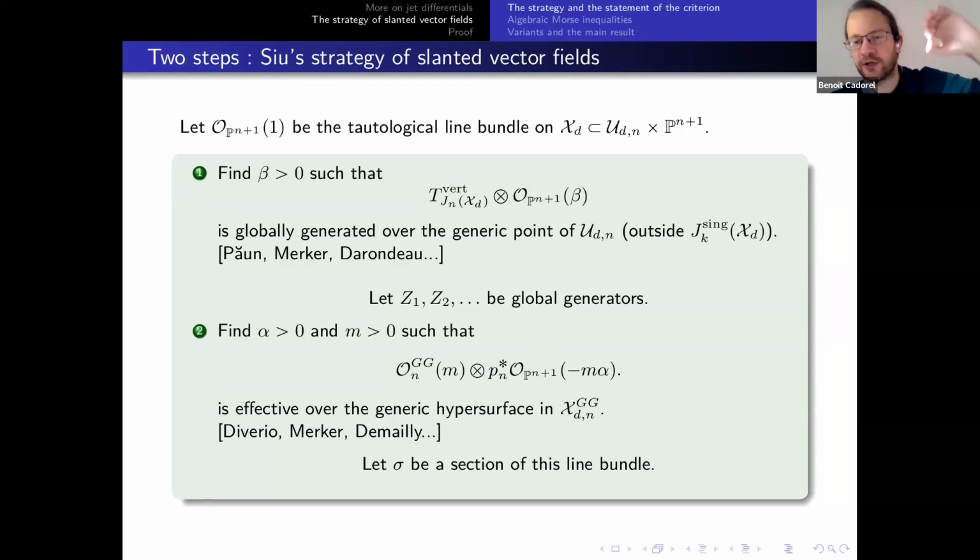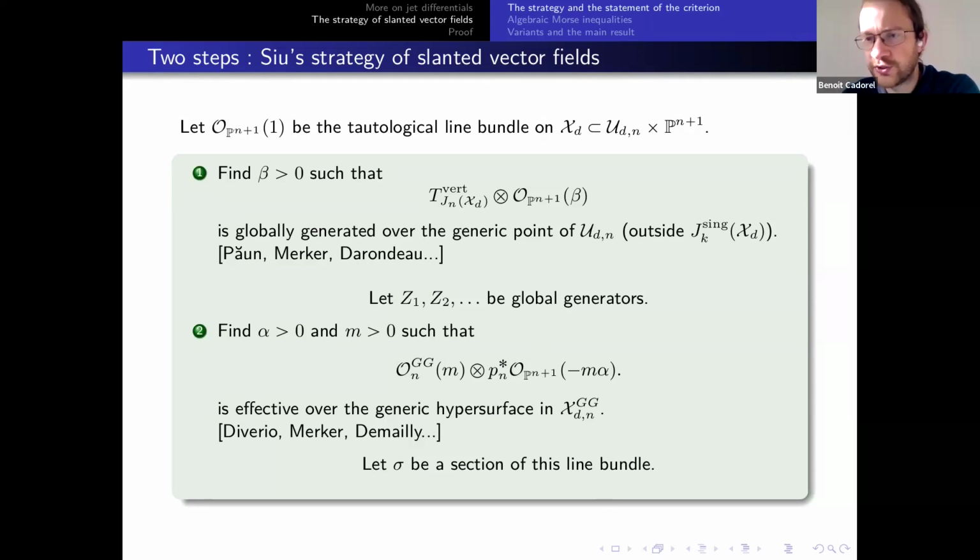And if you climb up the tower, if you replace n here by higher orders, actually the situation becomes more complicated. And in this strategy, it's a weird fact, but you have to take higher degrees to obtain the existence of such sections. So n is in some sense optimal. Okay. So at least for hypersurfaces.